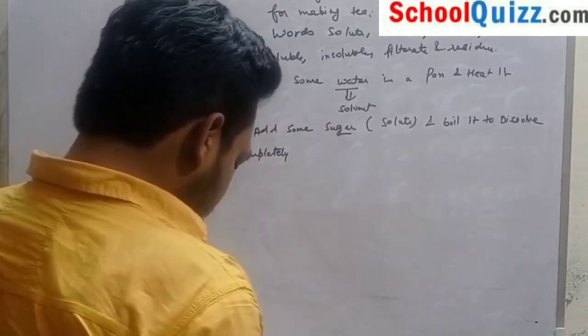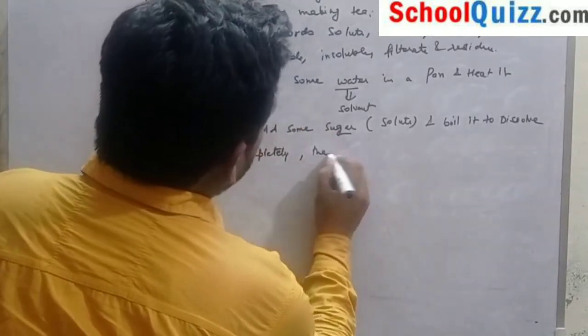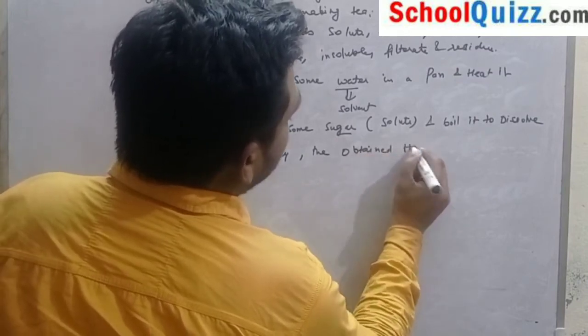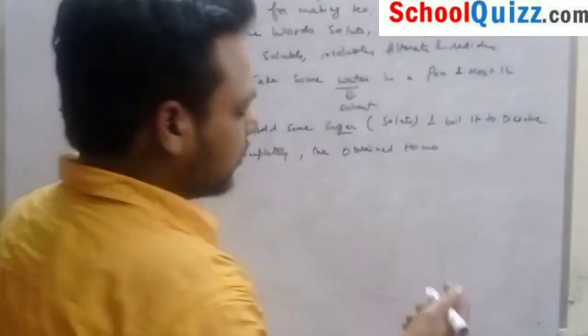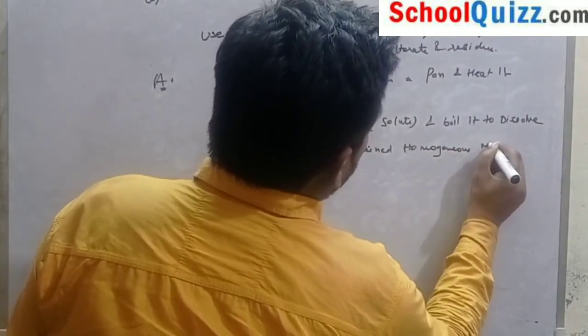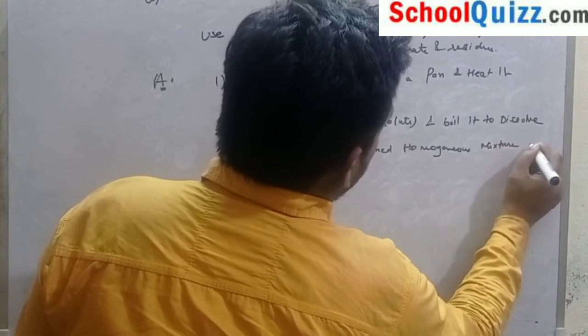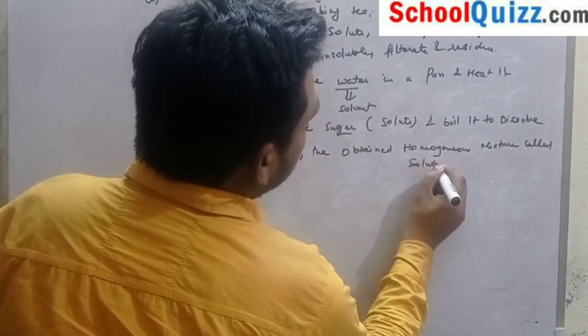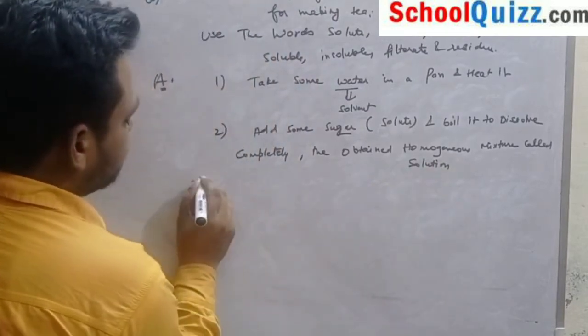The obtained homogeneous mixture, because it has a single phase, is called a solution. What is a solution? Solute plus solvent is solution.